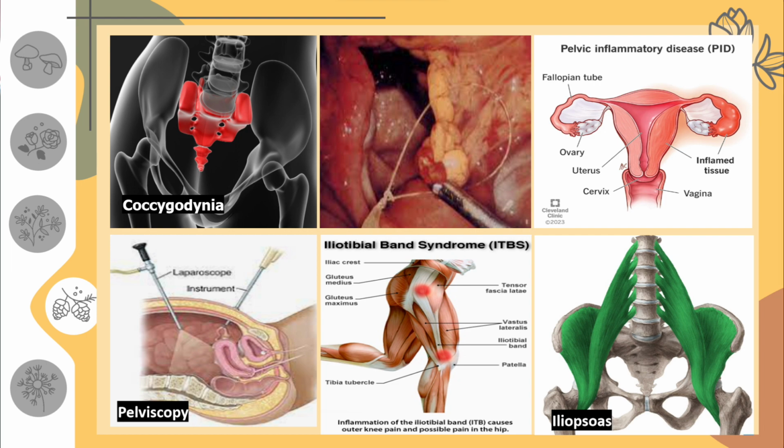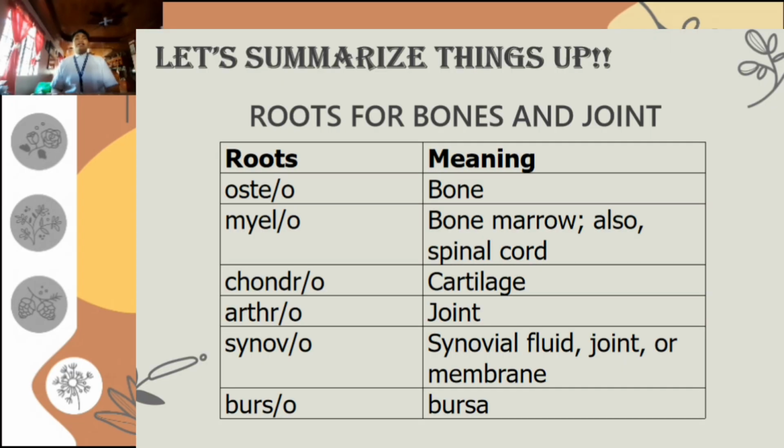To simplify things, let's summarize our presentation. Under the root or base words for bones and joints, here are oste or osteo, meaning bone. Myel or myelo, pertaining to our bone marrow, also our spinal cord. Next is chondro, or our cartilage.